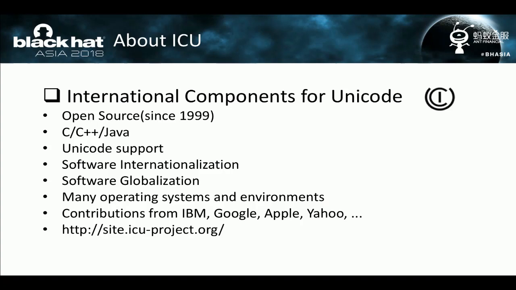It gives applications the same result on all platforms and between C, C++, and Java software. The ICU project is sponsored, supported, and used by IBM, Google, Apple, Yahoo, and some other companies. This is ICU's official site.